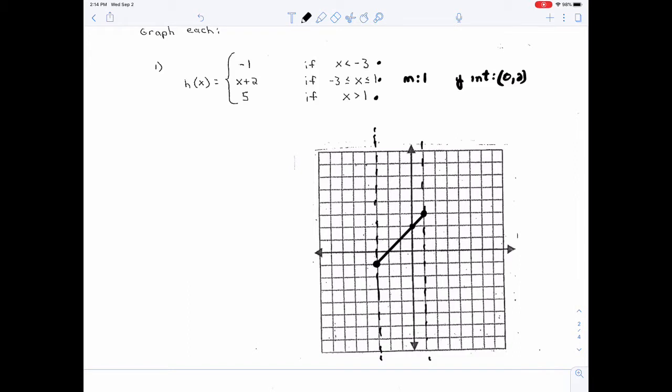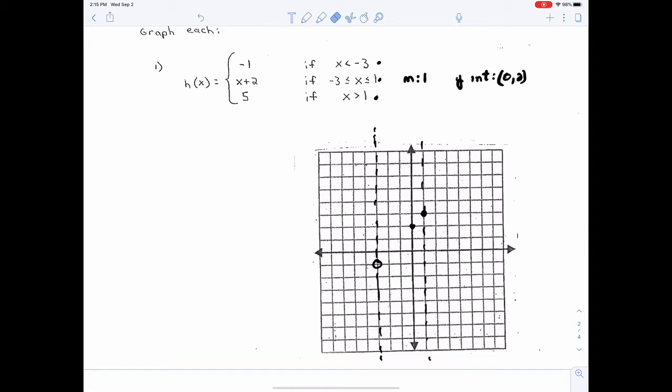Now, normally I'd put a circle there, okay? I'm just going to point something out, and then I'll fix this again. For this -1, normally I'd put a circle there and then draw the graph. But what happened?